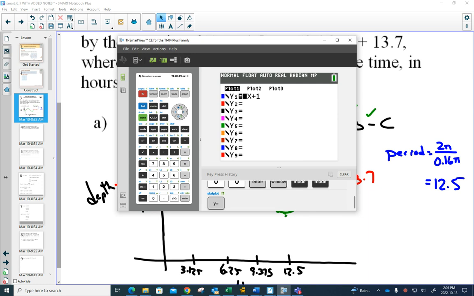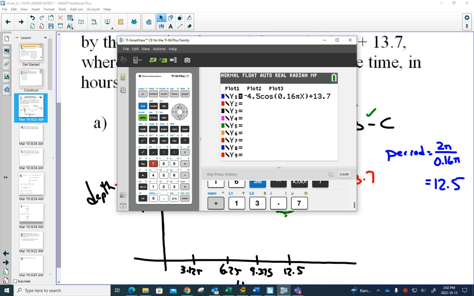Then we go to y equals, and clear out that equation. I'm going to write negative 4.5 cos 0.16 pi x bracket plus 13.7. And this will make this graph.